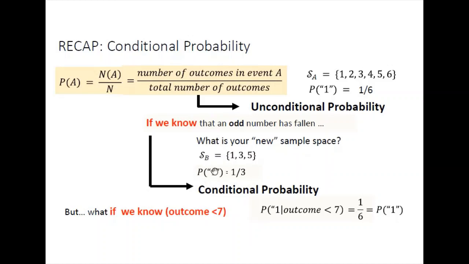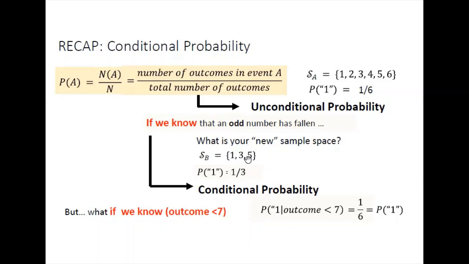When we know that an odd number has fallen, 2, 4 and 6 are impossible. So the updated sample space, or the updated possible outcomes, are 1, 3 and 5, and the probability of 1, given that an odd number has fallen, is 1 divided by 3.